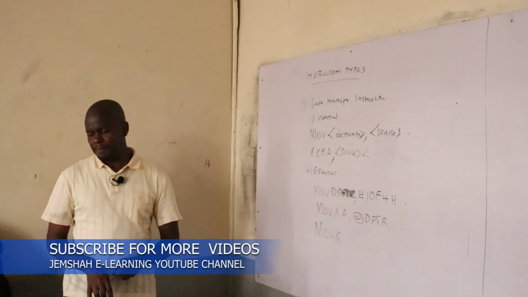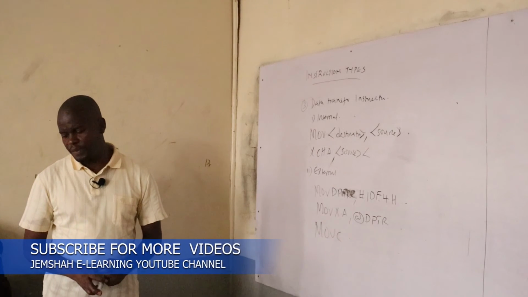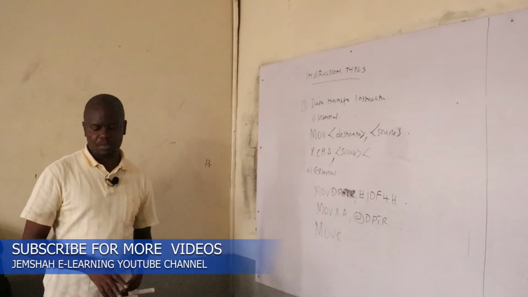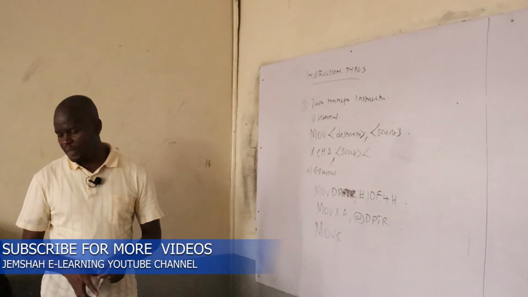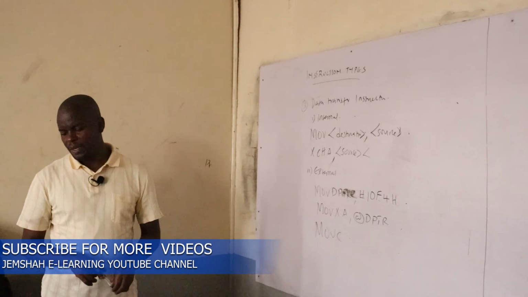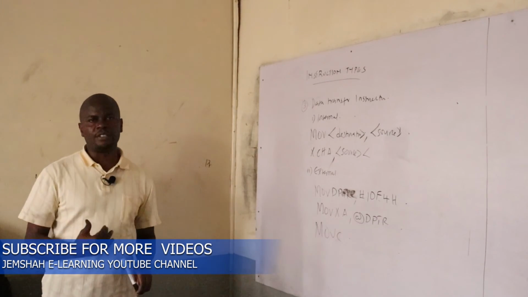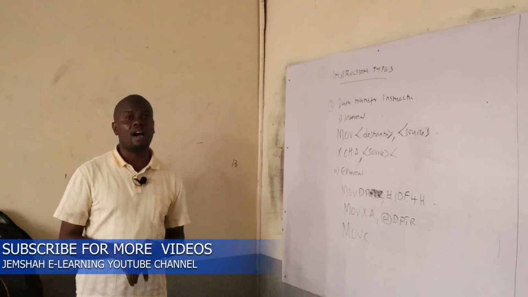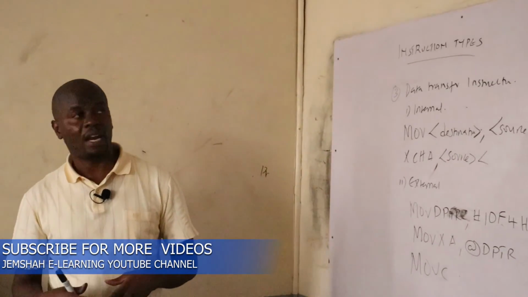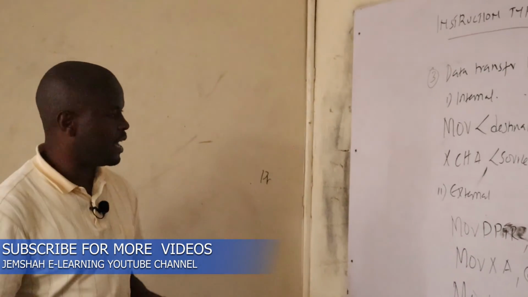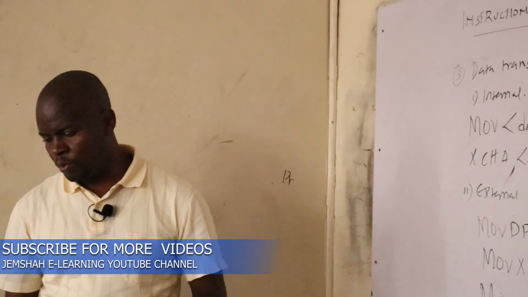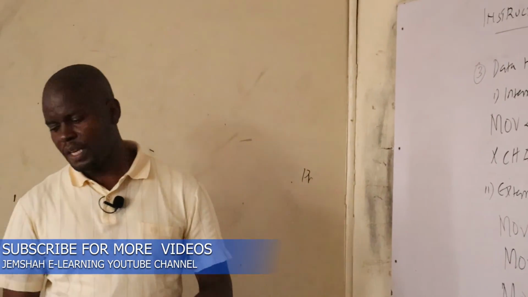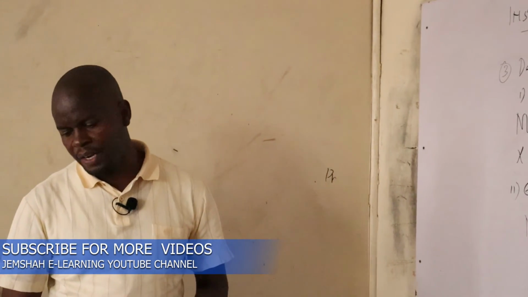Another instruction type you can talk of is subroutines and interrupts. Subroutines usually use what we call call instructions. We can either have the normal call, or we can have the absolute call, which we refer to as ACALL, or the long call, which is LCALL, using either absolute or long addressing.